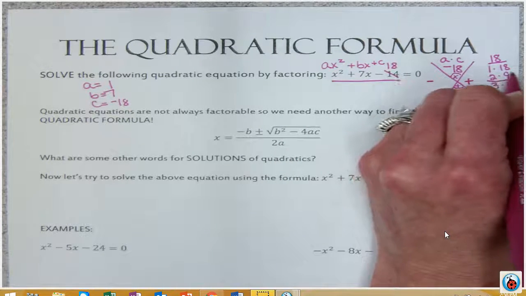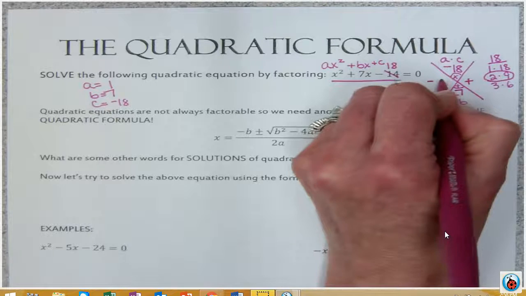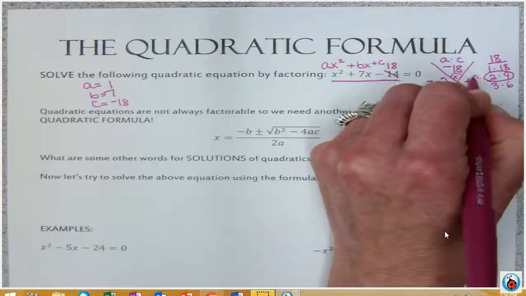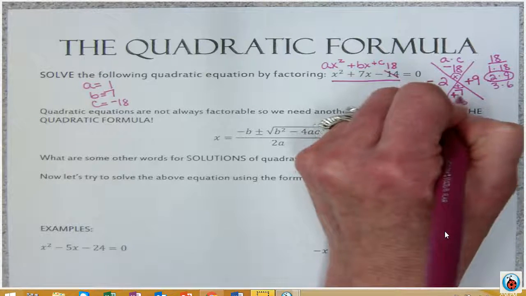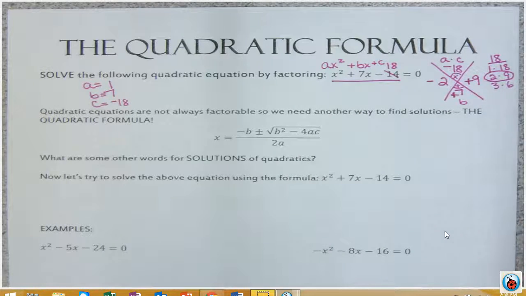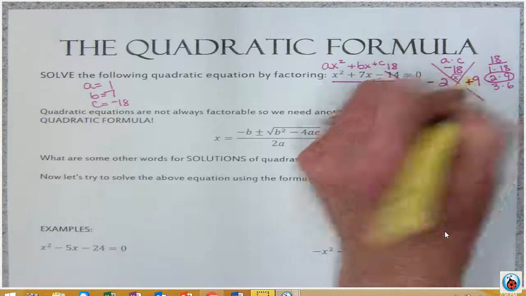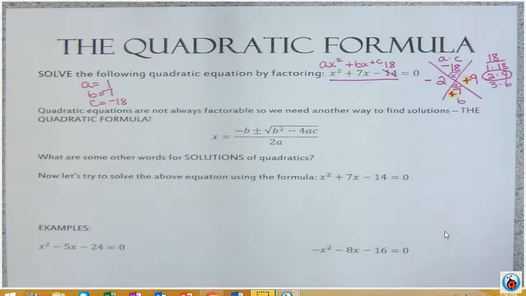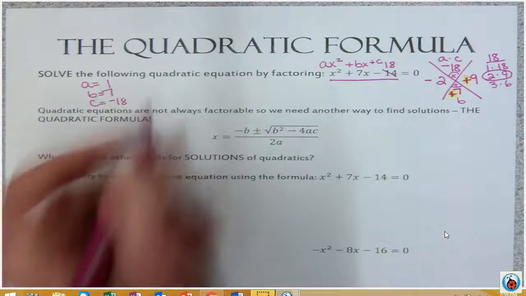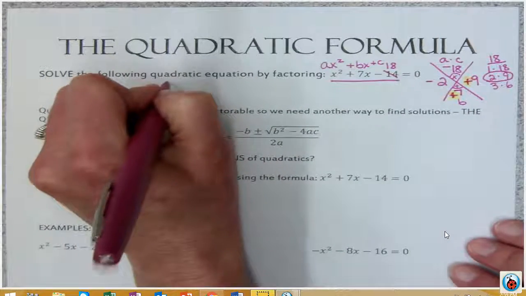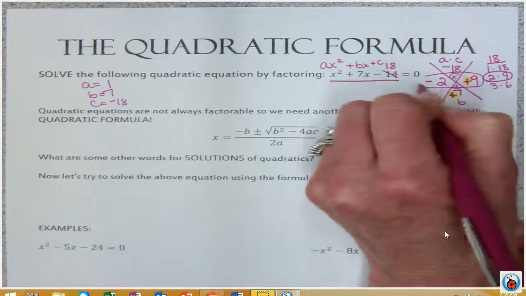Well, we notice that 2 and 9, so negative 2 and positive 9. This is always going to have the sign of the bigger number. So if this is positive, the bigger number is going to be positive. If it's negative, the bigger number is going to be negative. So from there, we take our two factors.